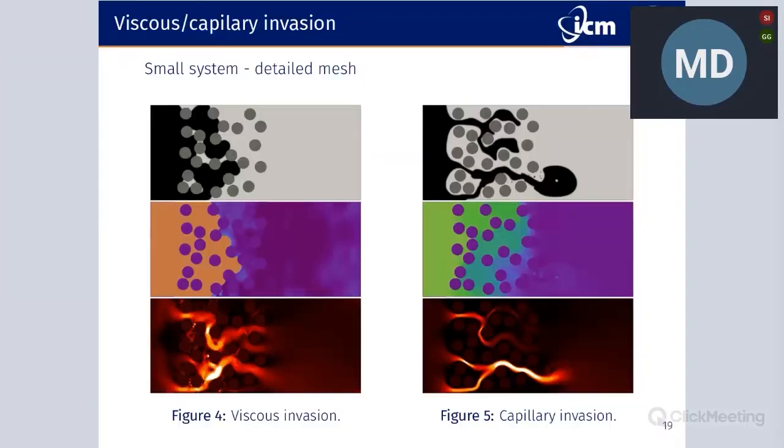You could say that it's probably way easier to make experiments, but it's problematic to extract field information from experiments. For example, pressure distribution, which is the second row, or the velocity distribution inside the domain.